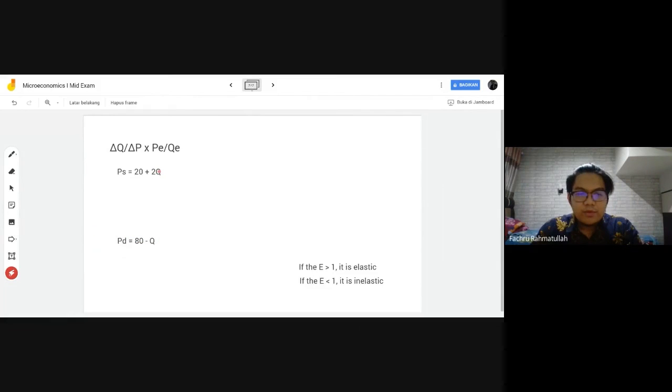So before that, we need to change this and this to the left section. We cannot differentiate if the Q has two Q in here. So we must divide all of this equation by 2.